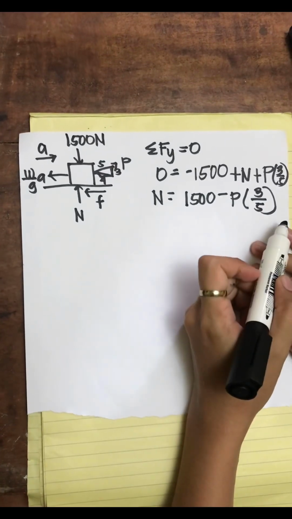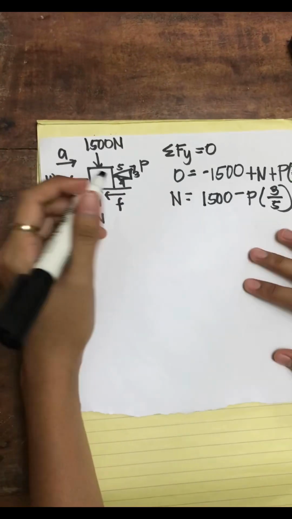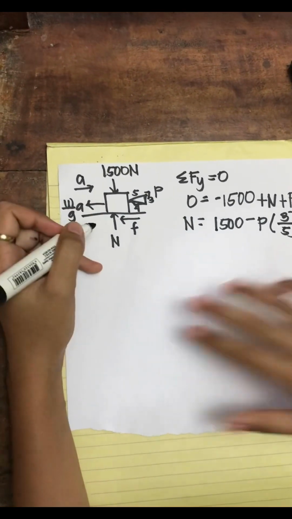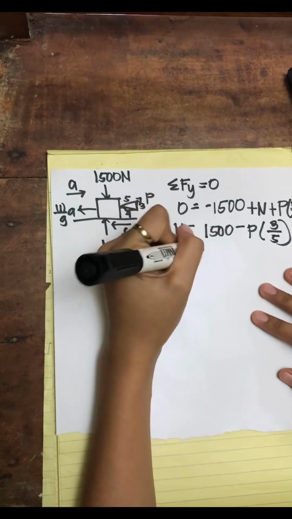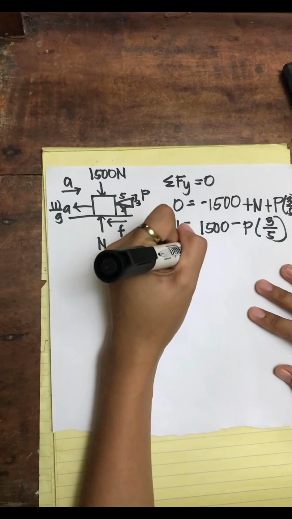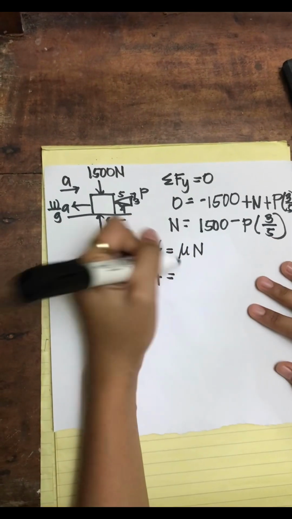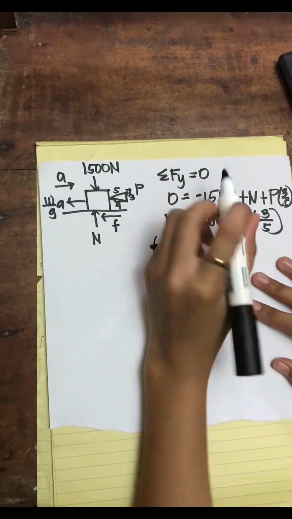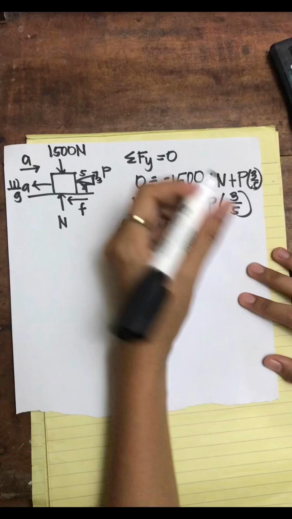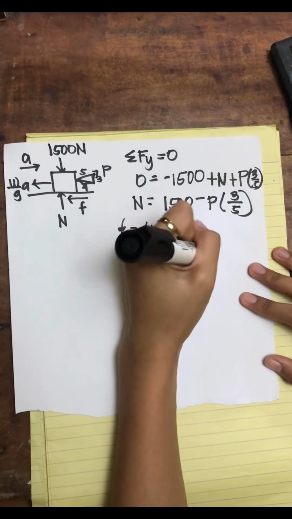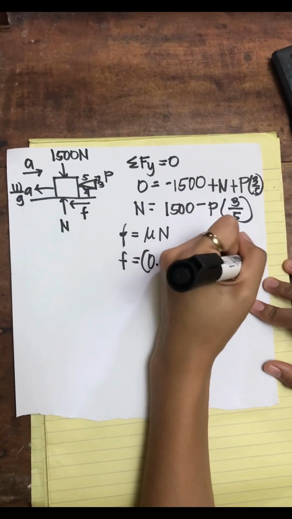So that we have N, so the formula of frictional force is F equals mu times N. So F equals, we have a given coefficient of kinetic friction of 0.20. So we have N, so substitute the N of 1,500 minus P times 3 over 5.